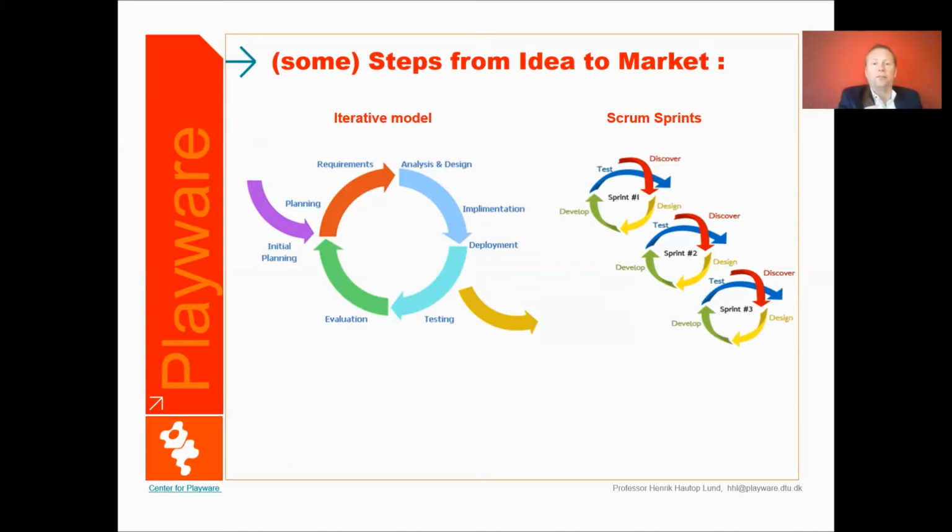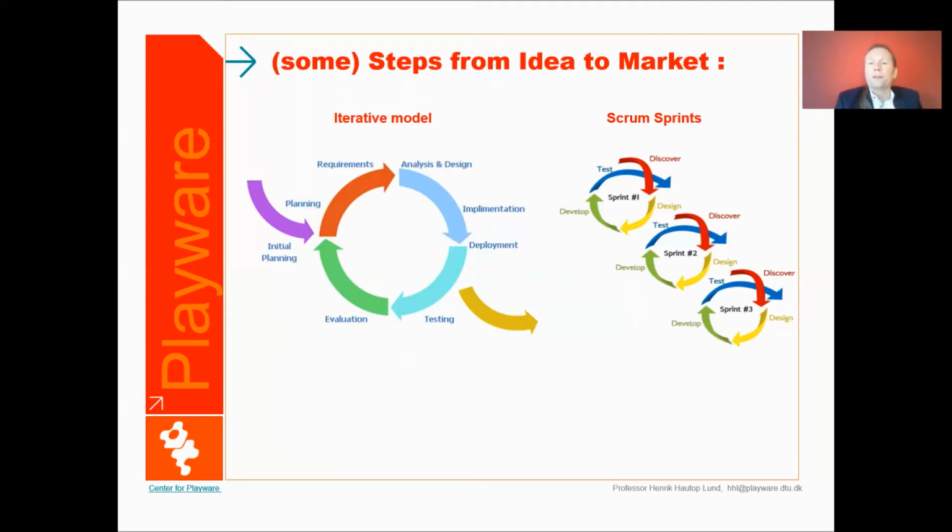So you test that and you evaluate, and then you come back again, and you can redesign and re-implement, and you can go around in this circle here. And then at some point, you can also go down and spin it out, as you see on the lower right of that circular iterative model.